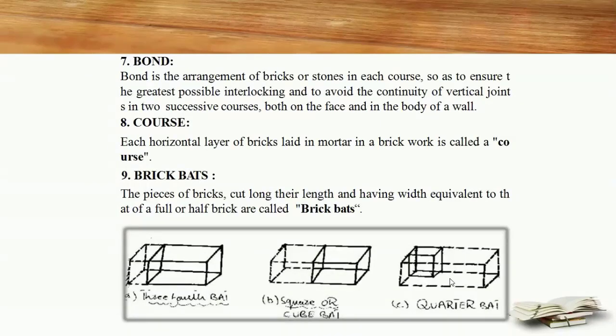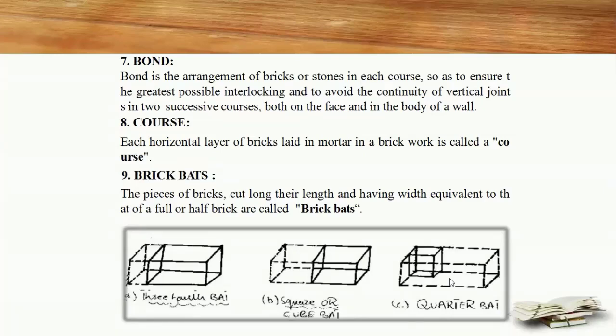Next is the bond. Bond is the arrangement of the bricks or stones in each course so as to ensure the greatest possible interlocking and to avoid the coincidence of vertical joints in two successive courses, both in the face and in the body of the wall. Next is the course.